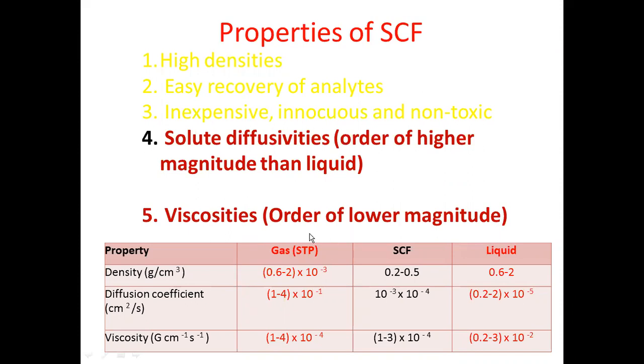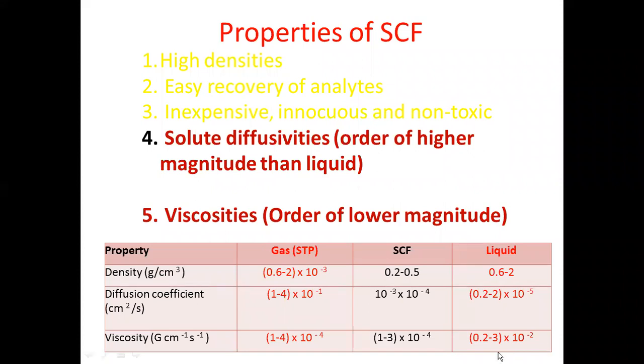And next, you can see the viscosity. The viscosity will be of lower magnitude when compared to liquids. So you take water, methanol, acetonitrile, DMF, ammonia, and similarly you can take acetic acid, formic acid, whatever it is.